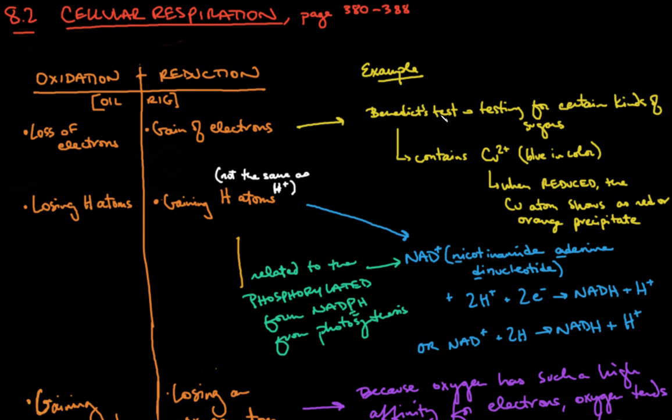And that Benedict's solution contains this copper ion, right? The Cu2+, and as an ion, it's blue in color. But when it gets reduced, when it gains 2 electrons from the sugars, that Cu atom, no longer an ion, shows up as red or orange and as a precipitate.